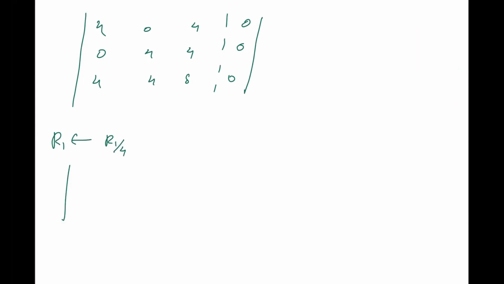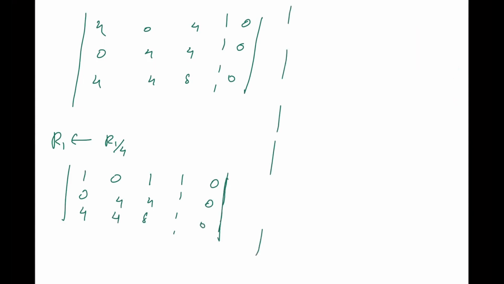So then I can have 1, 0, 1, and this is 0. Then I write 4, 4, 8, and 0, 0. Then I divide my row 2 by 4 to make this element 1, because this is already 0, so I have to make this one.